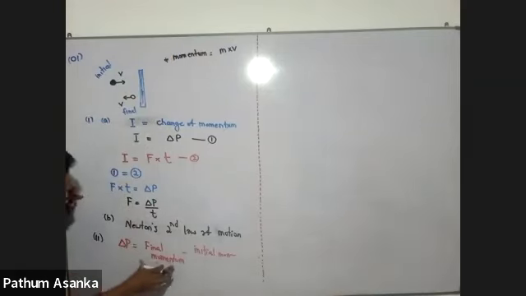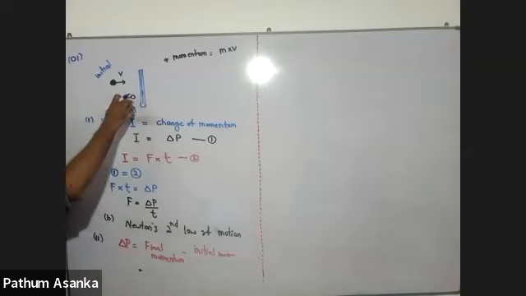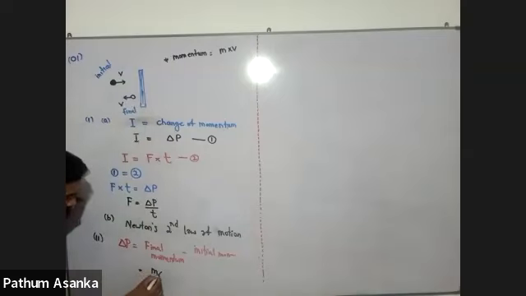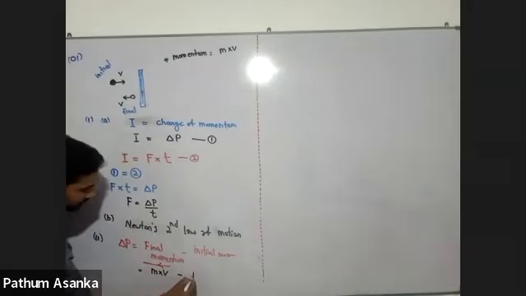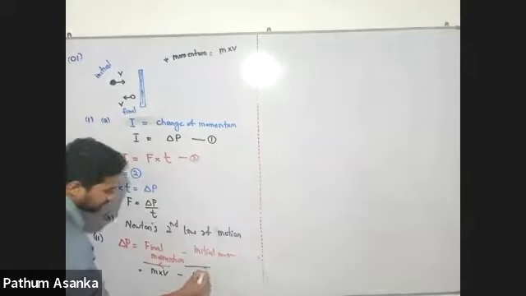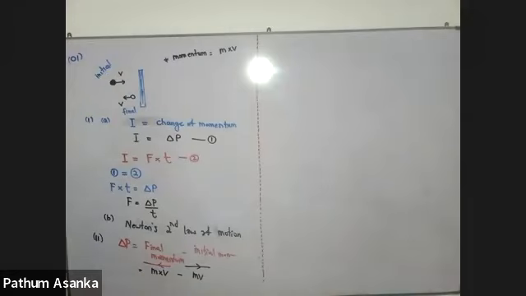So when we consider the final momentum, the mass of this molecule is m, so m should be multiplied by v, but the direction is in this way, right? Minus initial momentum means mv, but the direction is towards this side, right? So this is the expression, but we have to simplify this further.